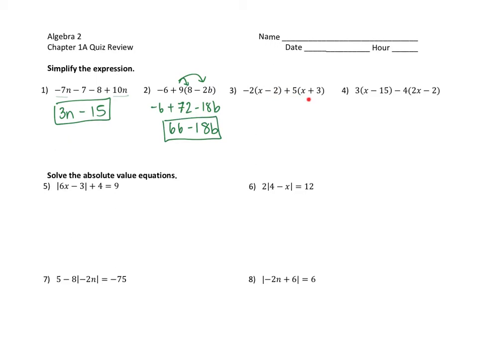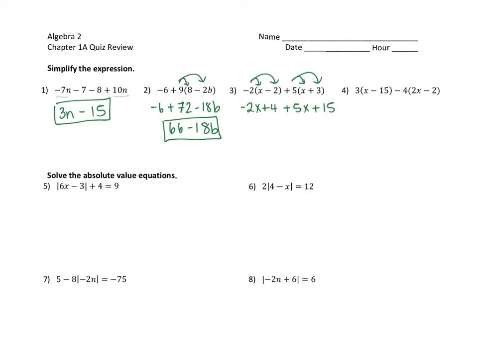And then for the third one here, we got a lot of parentheses. Again, we have to distribute the number that's in front first. So I'll go ahead and do that. We have a -2x. Two negatives multiply make a +4. And then if I distribute the 5, I get +5x, and then 5 times 3 is 15.